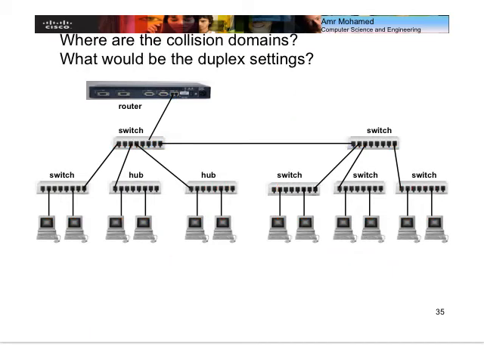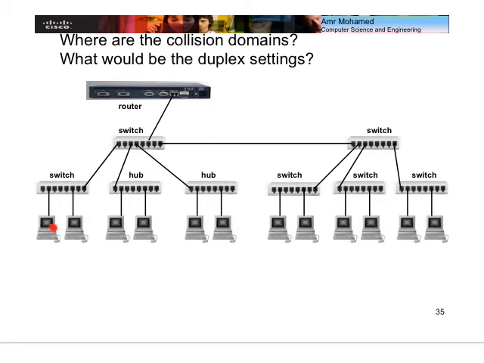Okay, so let's see. This is a fairly combined and complicated topology. So how many collision domains do we have here? We have 2 because we have 2 hubs. Anything that's connected to a hub forms a collision domain. A switch does not form any collision domain because if 2 nodes connected to a switch try to send at the same time, the collision will not happen.